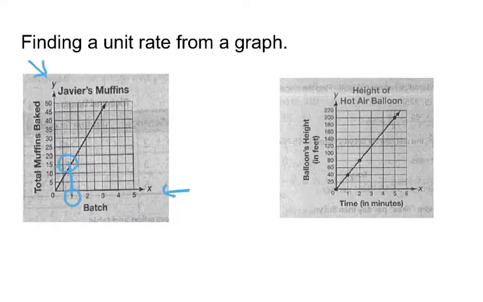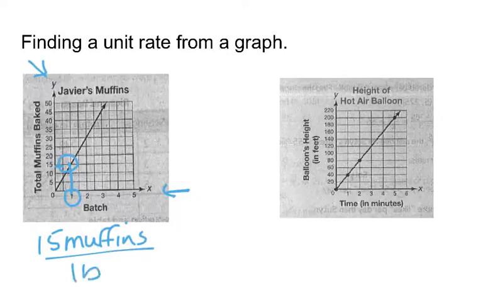And then I go across, and what I find is that for every 15 muffins, there's 1 batch. So 1 batch of muffins contains 15 muffins. So I find the 1 on the X, then I go up to the line, and then I go across to find out how many that is.